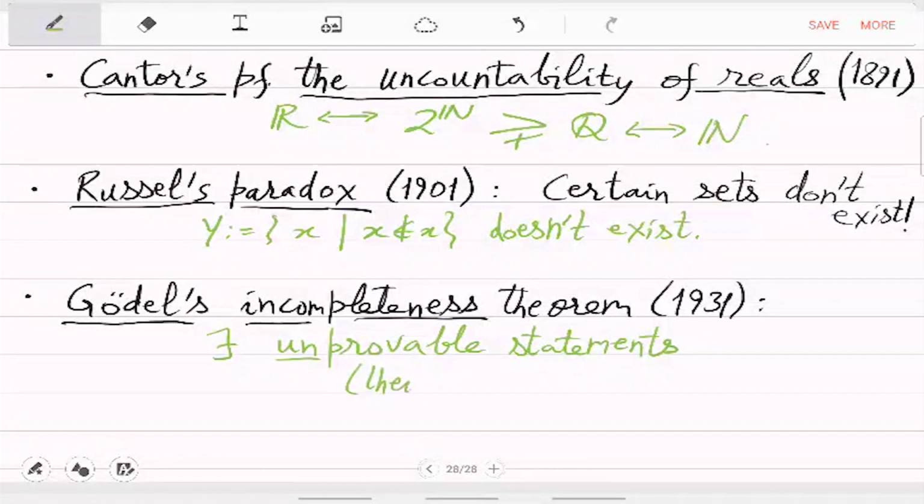Their truth is undecidable. And this ties very well with the halting problem.